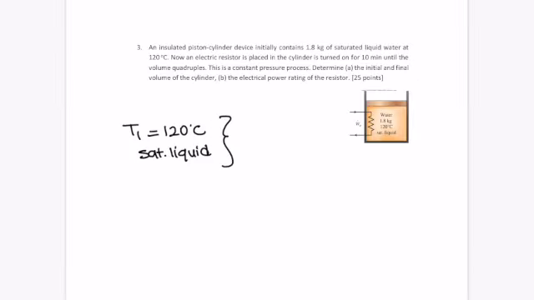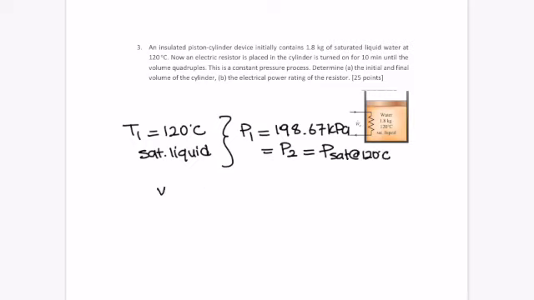Therefore the pressure is 198.67 kilopascal, which is also equal to the second state pressure because the pressure remains the same. This is equal to the saturation pressure at 120 degrees Celsius.